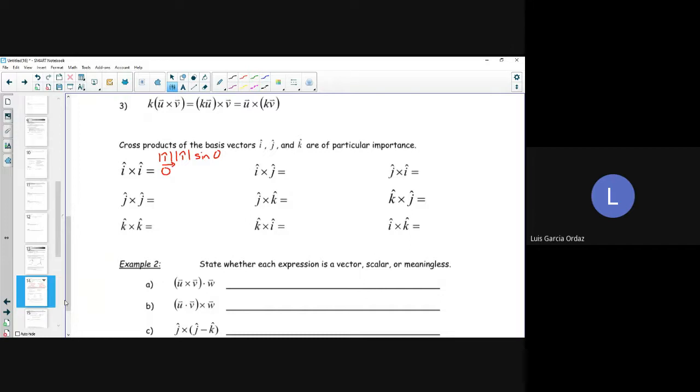Any vector crossed with itself is going to give you the 0 vector, because sine 0 gives me 0. There is no angle created, which means I get the 0 vector.